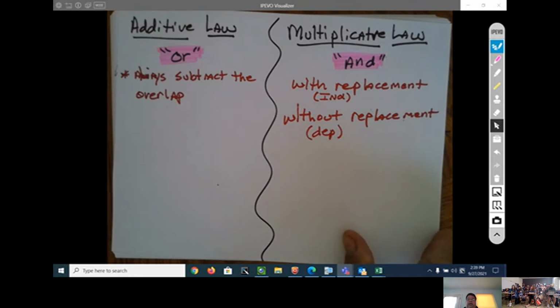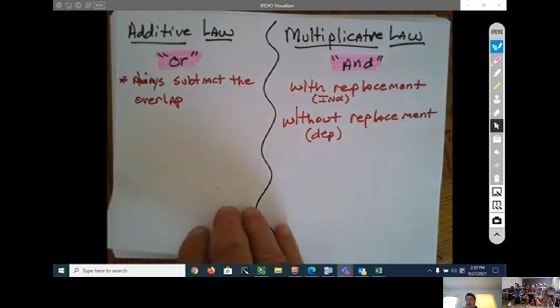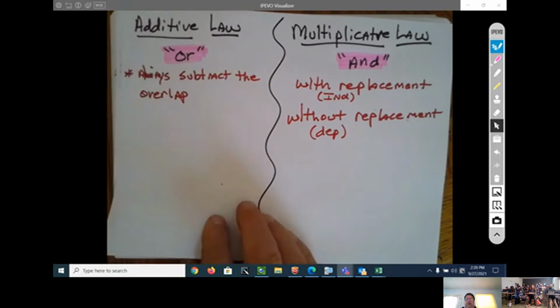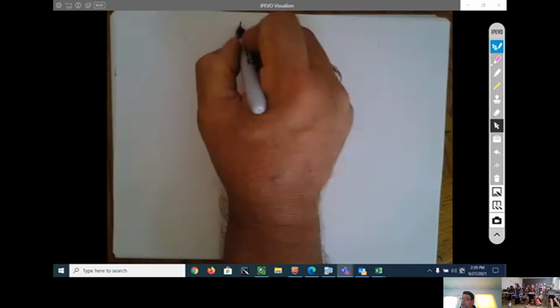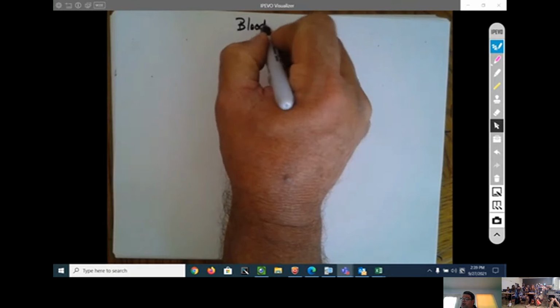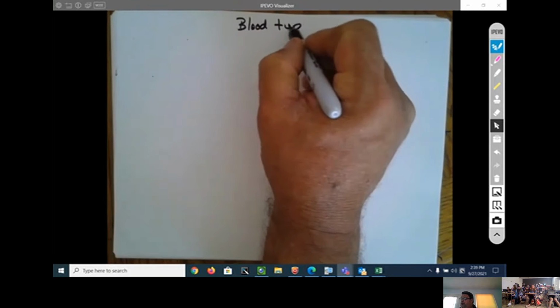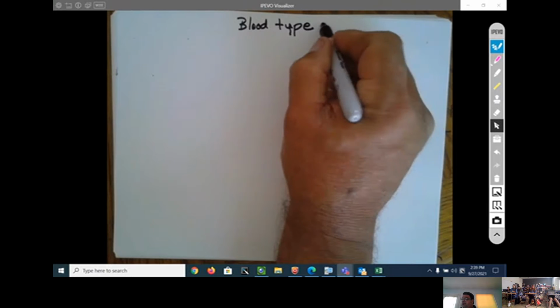I'm going to go to another page because I want to put a page to each example. One of the best examples that I know of the additive law is blood types, because you can do several of these as questions.